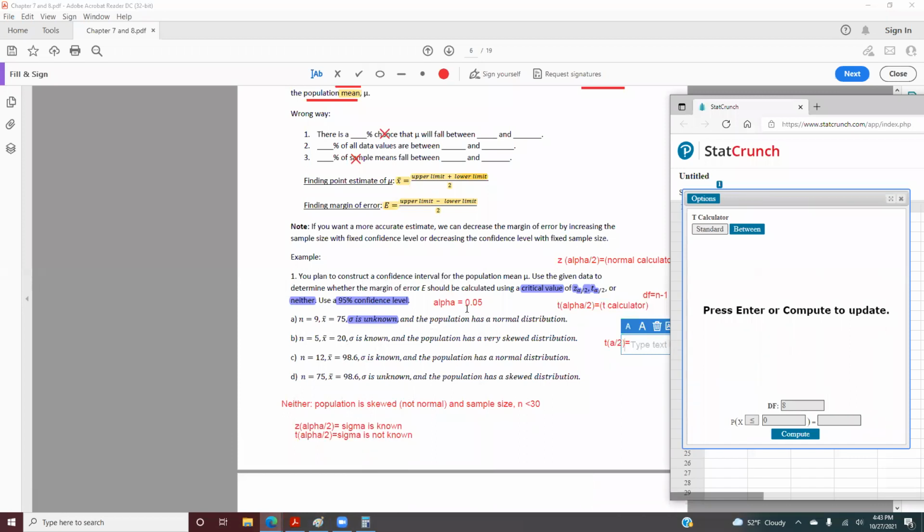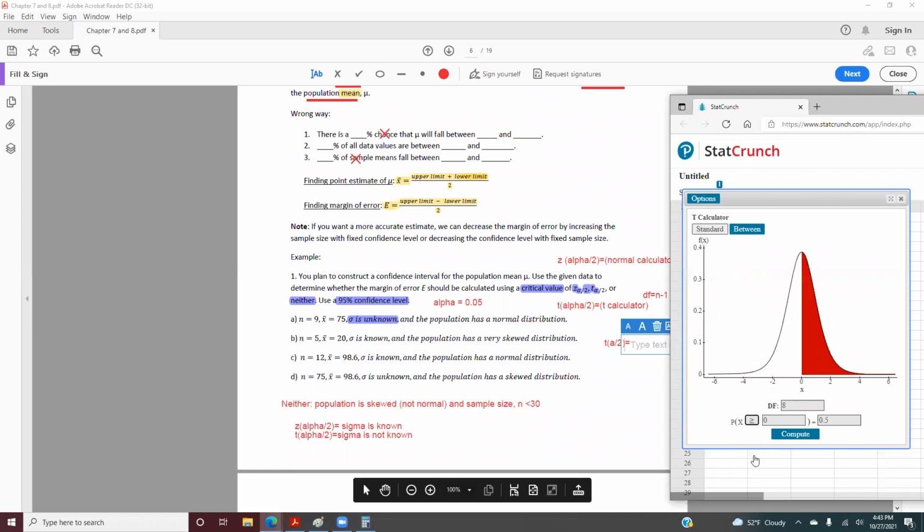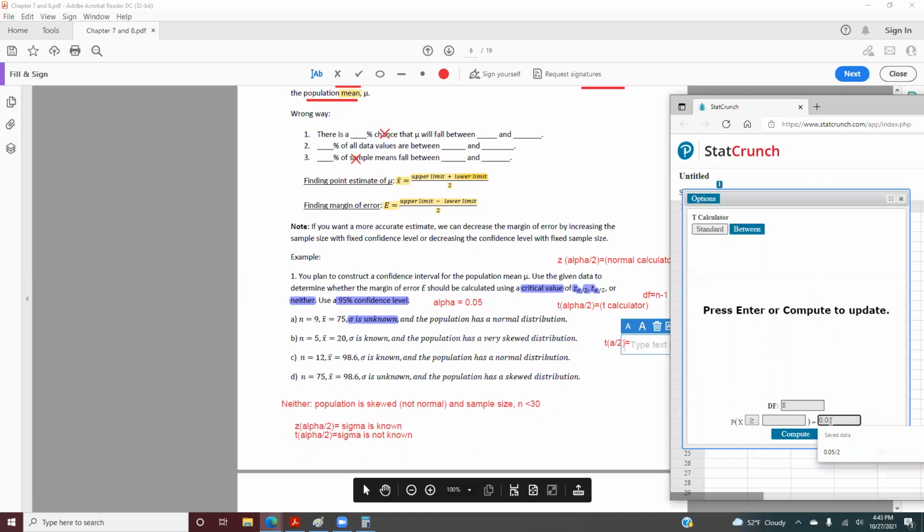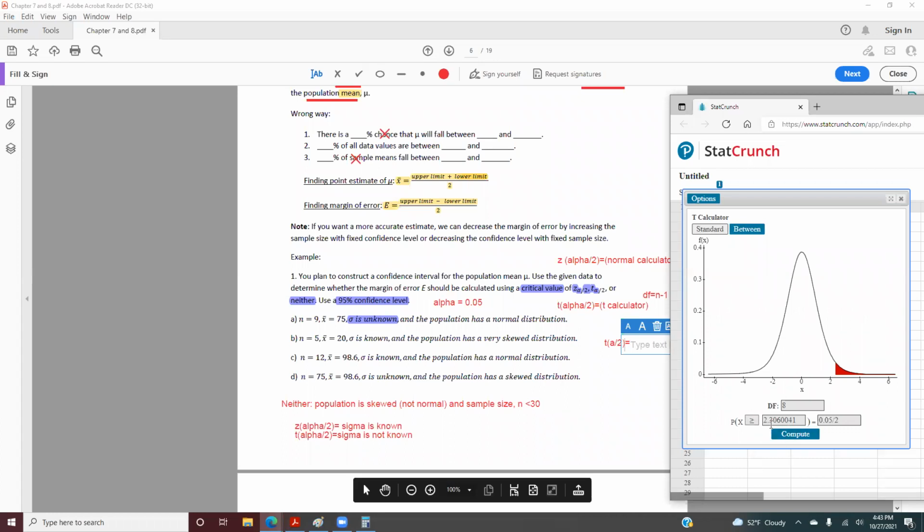And you want a 95% confidence interval, so you change it to become greater than or equal to, and then you take 0.05 divided by 2. This is how you find your T alpha over 2 using your T calculator. The degree of freedom formula is n minus 1. You use greater than or equal to, and then you hit compute. This number is your T alpha over 2 in this case.